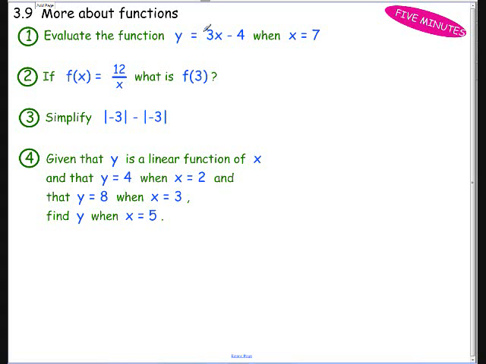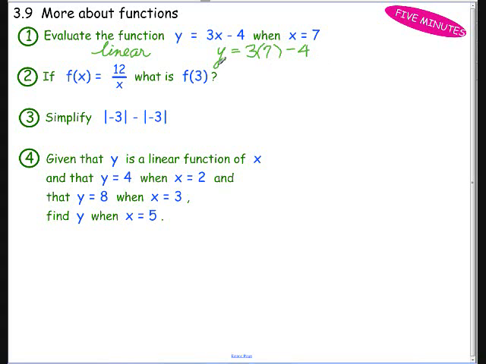Evaluate the function y equals 3x minus 4. Now, what type of function is this? That's right, it's a linear function. We know that because the powers that we're dealing with here are all first power. So instead of writing in x as an unknown, we're going to write in a known value of x, 7.